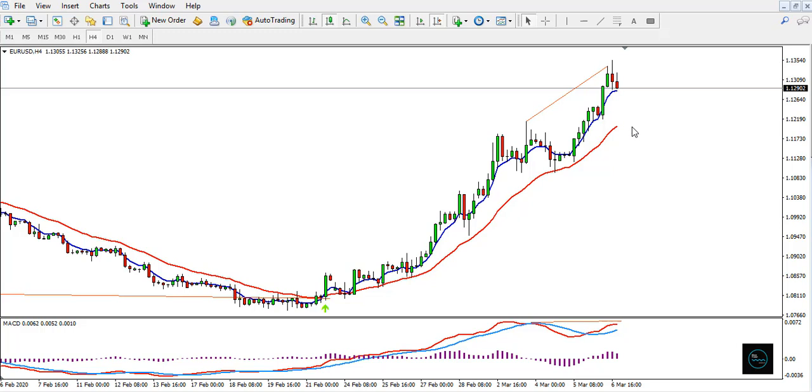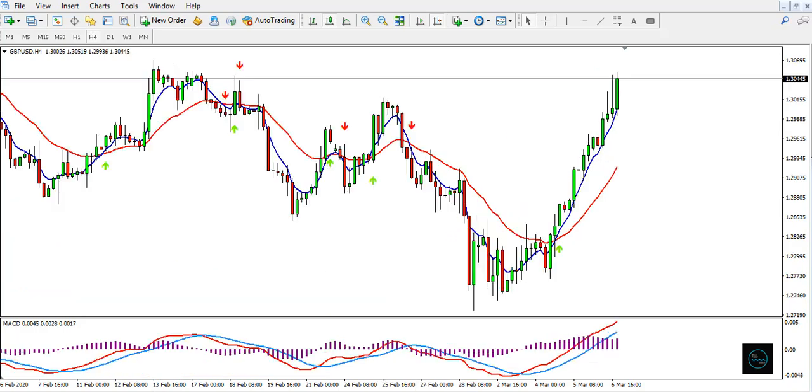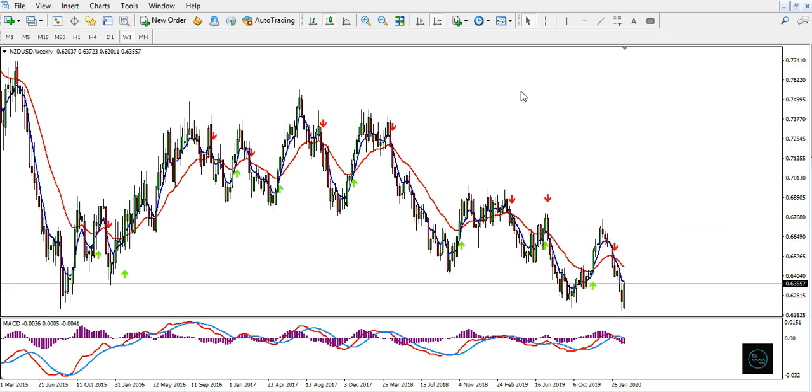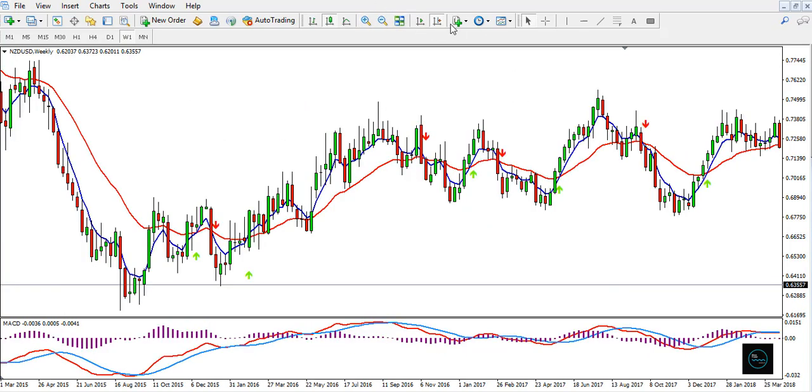Okay, so these are the entries I like best when I see a dip in an uptrend. How pronounced this dip is going to be, it's anybody's guess, but if you keep your eye on this chart, you should be able to find good moves this week. And I believe that the same thing can apply for the GBP as well. So we are just going to skip over to the New Zealand currency pair right now, and this is what's happening here.